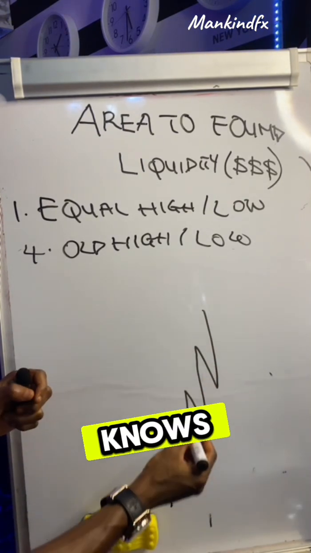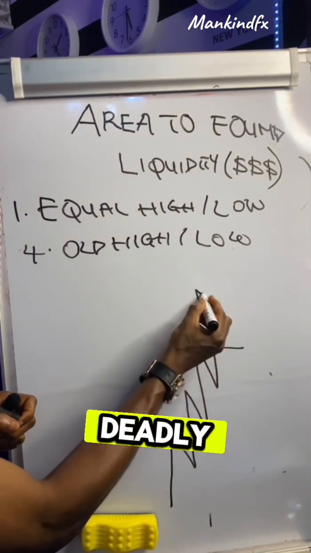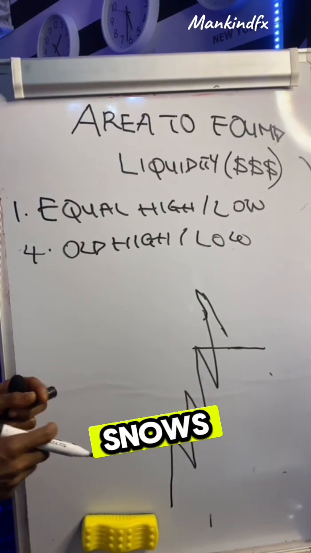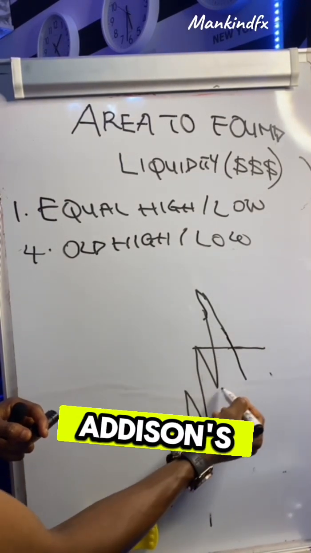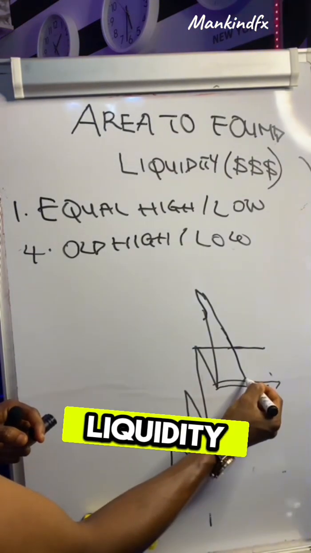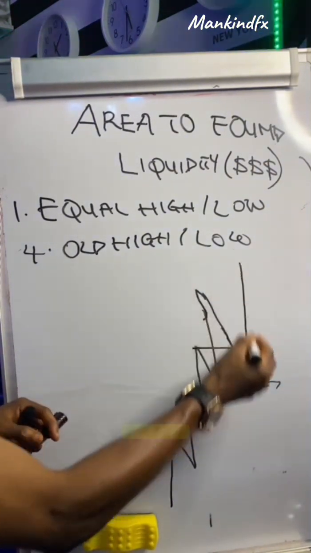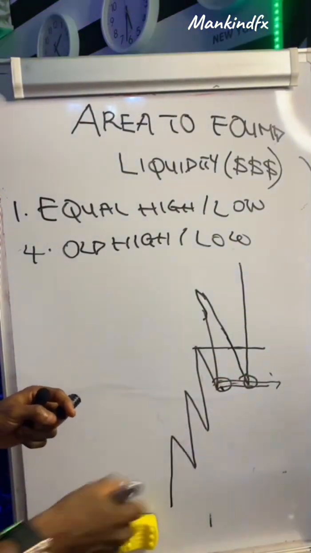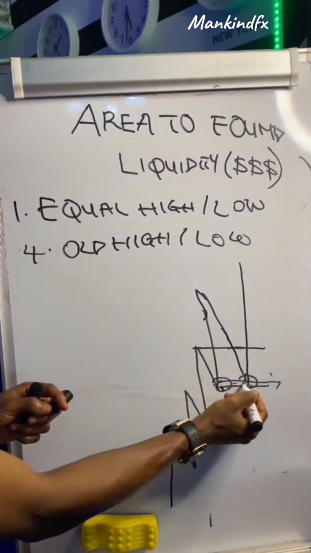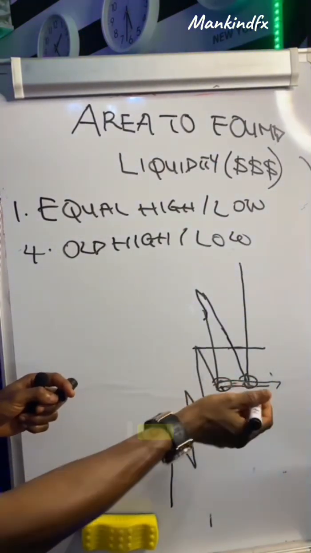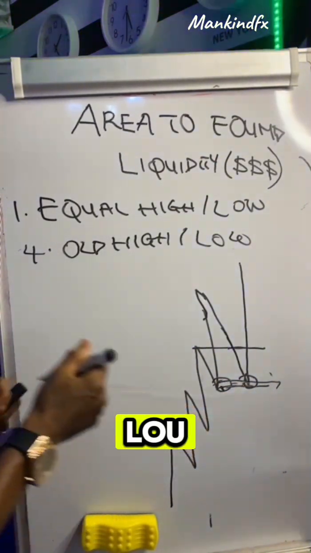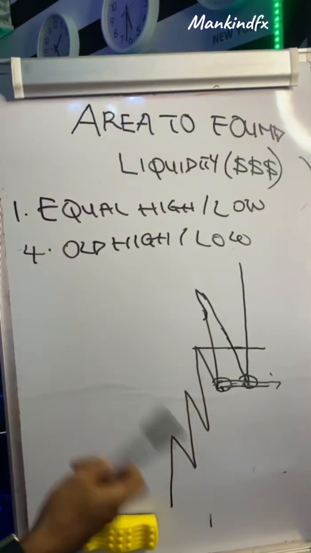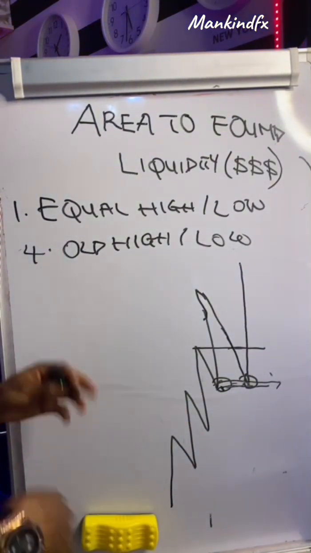In the same scenario, you're expecting price to come back here and start buying at these zones. Definitely this is your liquidity zone. If price comes back to these zones and starts buying, these zones are your old low. Price comes out to this low and starts buying, because this is the initial old low. That is an area where you can spot your liquidity, your old high or low. The same thing happens with old high, vice versa.